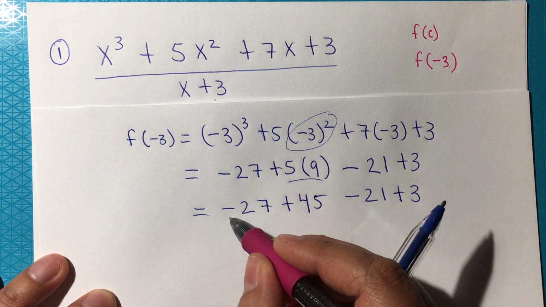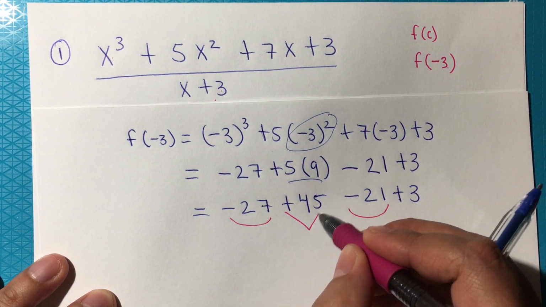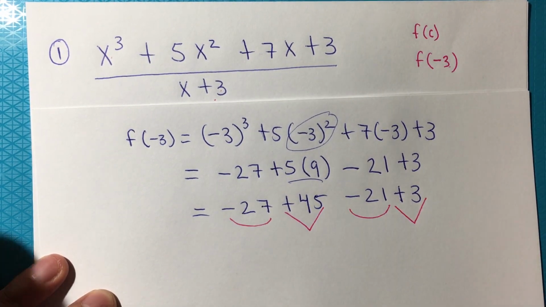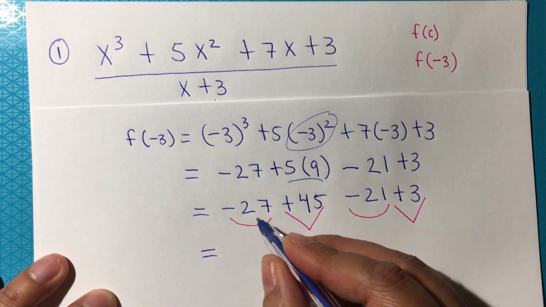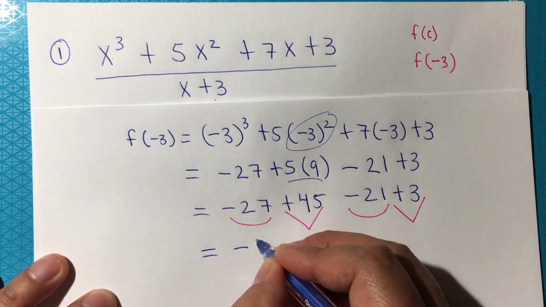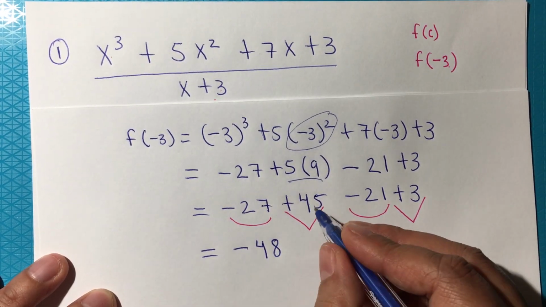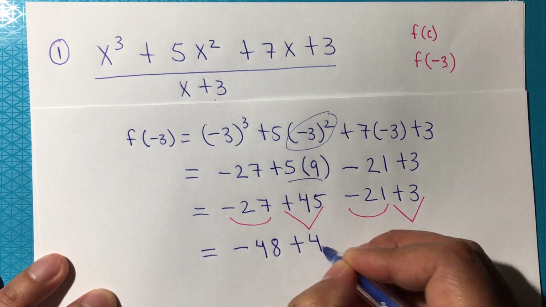In this case, it's easier to add the negatives first and the positives with the positives. And at the end, we just subtract. Okay, so negative 27 and negative 21 gives us negative 48. Positive 45 and positive 3 gives us positive 48.